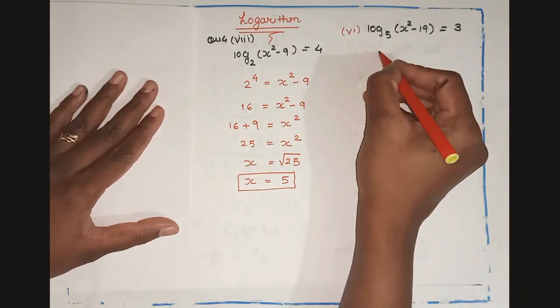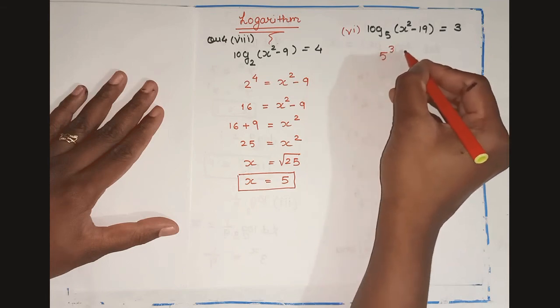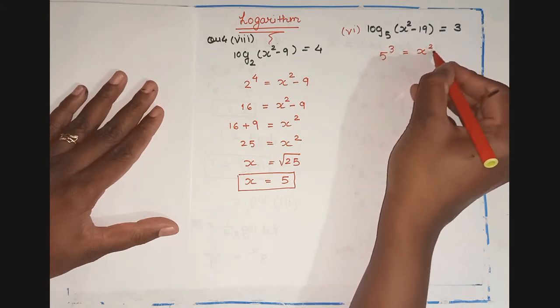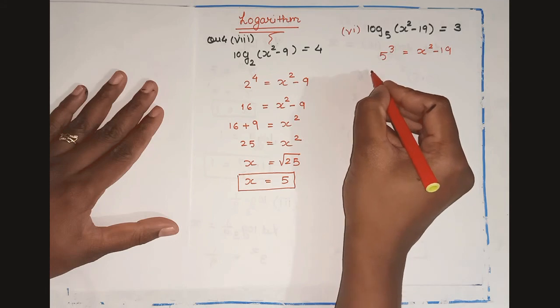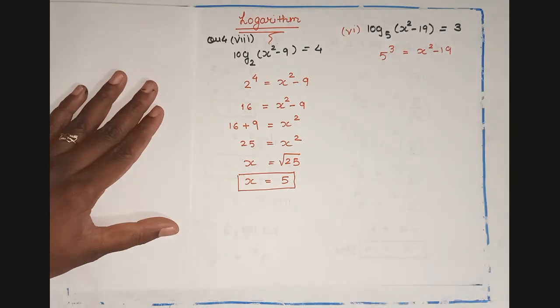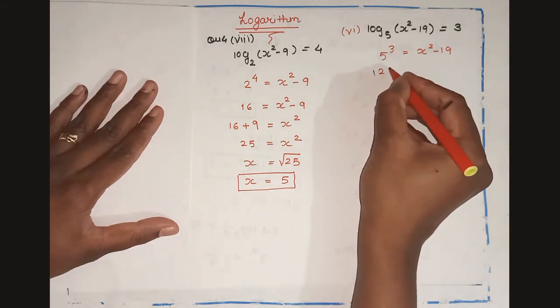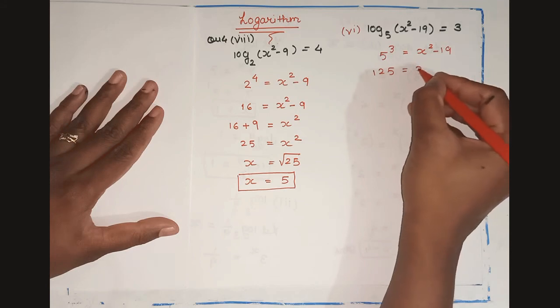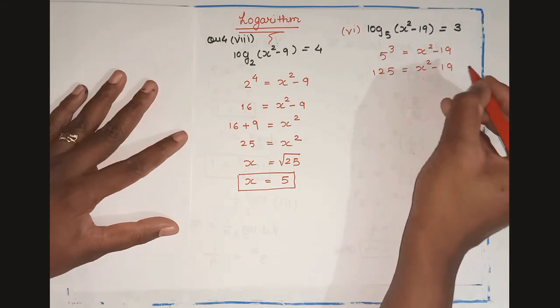Here you will write 5 cube equals x square minus 19. 5 cube means 5 fives are 25 and 25 fives are 125, equals x square minus 19.